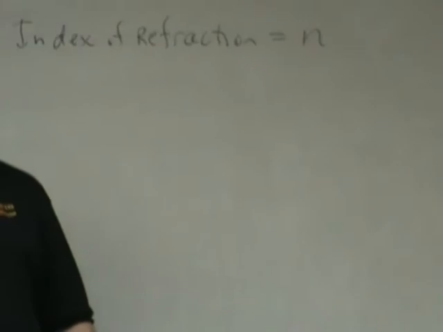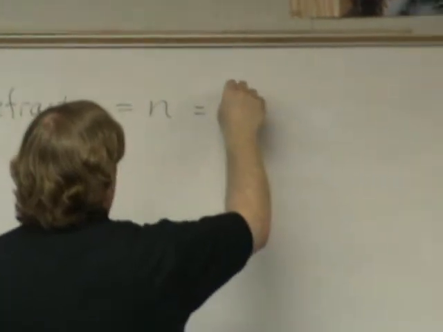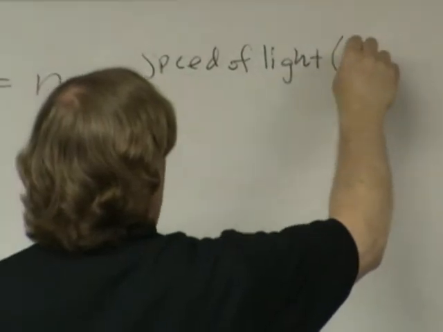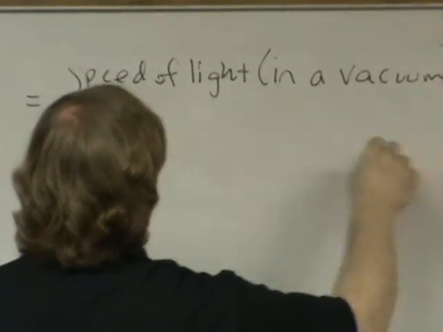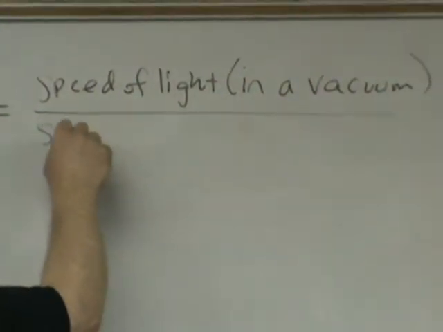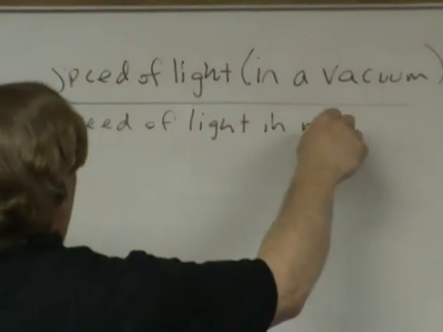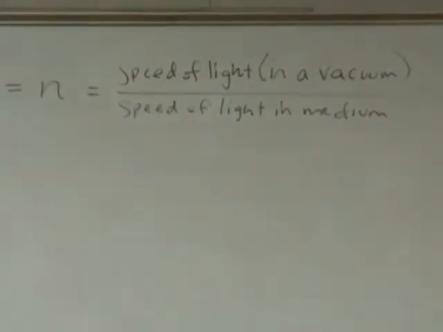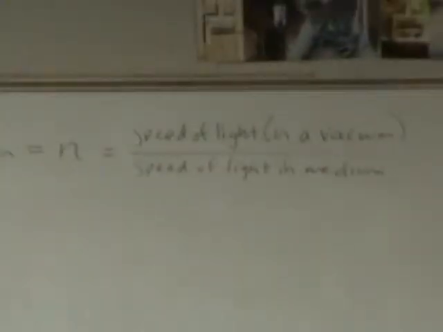The index of refraction is a ratio of the speed of light, the normal speed of light, like the speed of light in a vacuum, divided by the speed of light in whatever medium I'm getting the index of refraction of. So please, for number 4, write that down: the index of refraction is the speed of light in a vacuum divided by the speed of light in the medium that you're in.